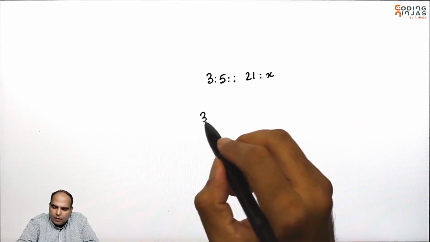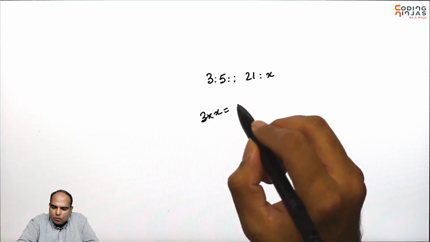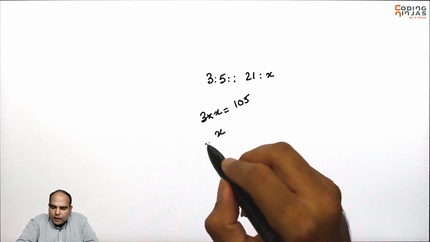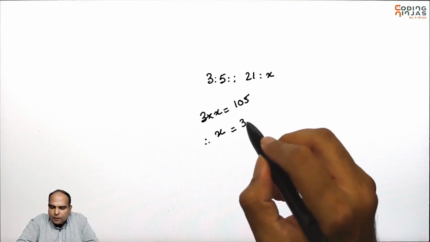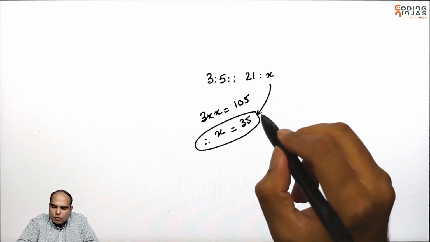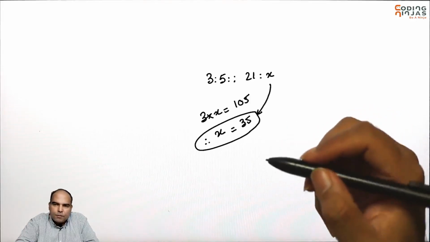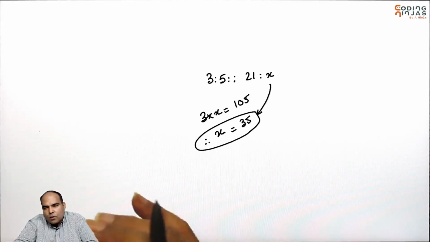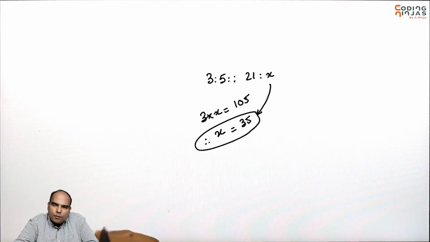Again, 3 into x is equal to 21 into 5, 105. Therefore, the value of x is 35. So this is something which is quite normal and natural to do. I will not call this a separate question because it's just the same structure. The only thing that has happened is that the unknown has gone from one point in the proportion to another point, right?